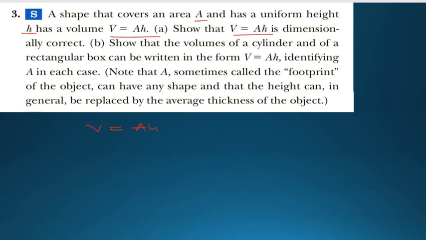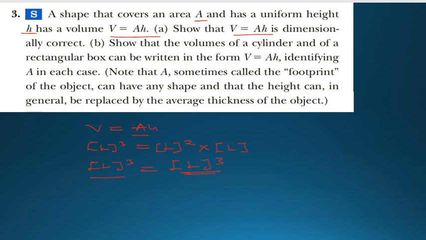Volume is given by L to the power 3. Area is L to the power 2. What about height? Height is actually length. So we have L to the power 3 is equal to L squared times L, which is also L to the power 3. So you can tell that these are all equal, so the equation is dimensionally correct.